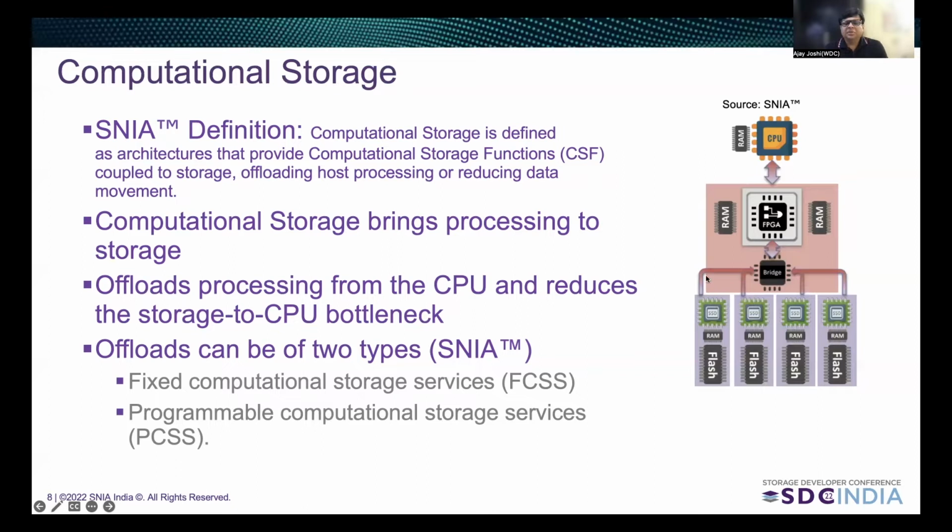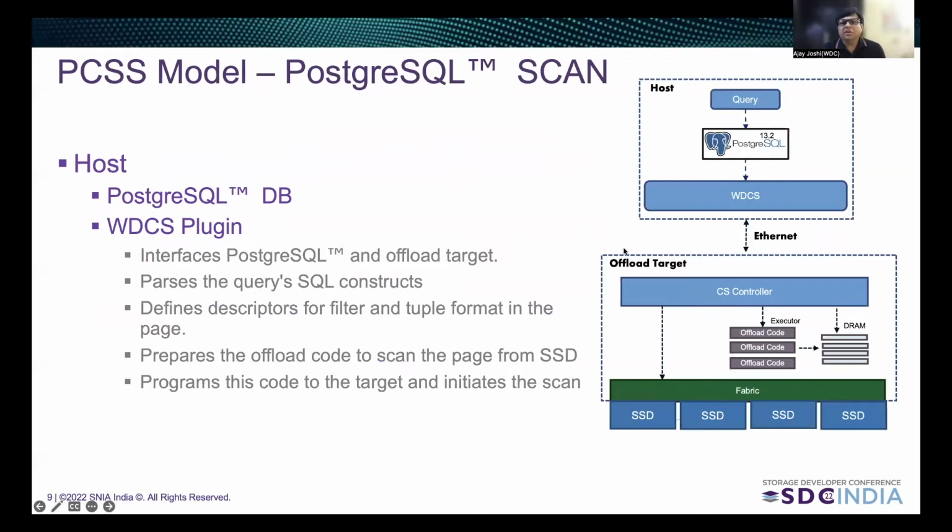So with all this in place, how can we do the offloads as a part of the storage itself? The offloads defined by SNIA are of two types: fixed computational storage services and programmable computational storage services. In our model, we looked at the programmable computational storage model.